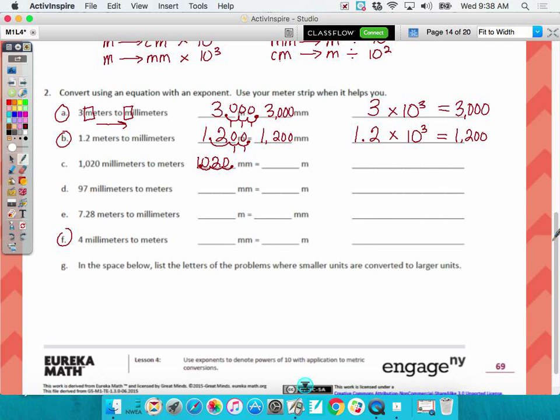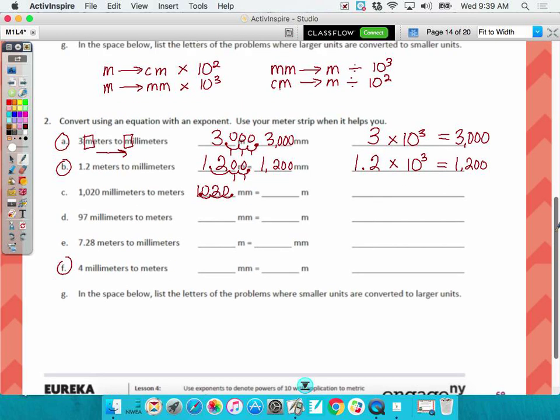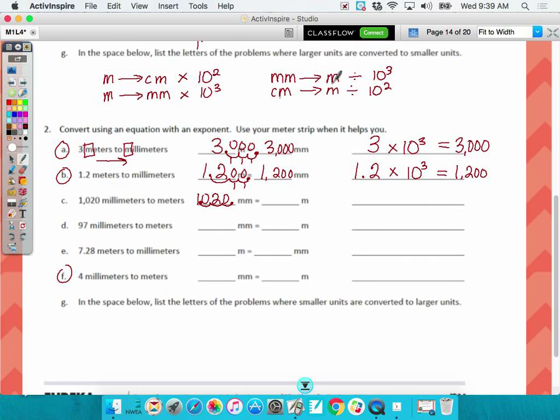Okay, so let's take a look at F. 4 millimeters to meters. Look at my sheet. Millimeters to meters. What am I going to do? Divide by 10 to the third. So start with the number 4. And where's my decimal?